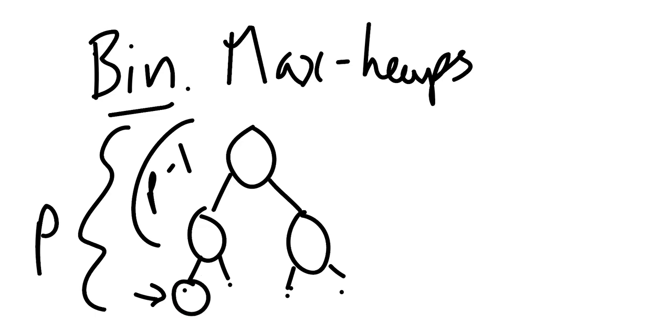So this is valid, this is valid, this is valid, this is valid. But what's not valid is doing something like this, or something like that, or something like that. That's not valid, because in that case, we're not going from left to right. We're just randomly inserting wherever we want, and that's not allowed. We want to go left to right.